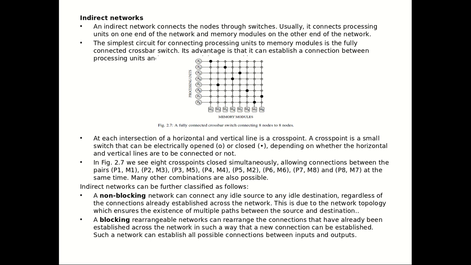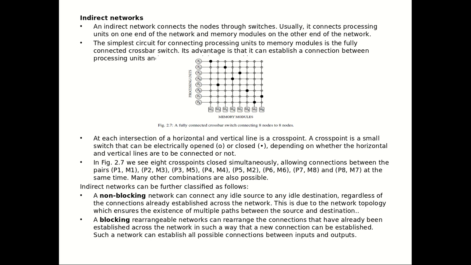This is due to the network topology, which ensures the existence of multiple paths between the source and destination. We saw earlier, a few videos back, that we need to have as many alternate paths as possible. So there should be at least one connection between any two idle nodes. Whenever we see a source idle or a destination idle, we just directly connect them so that a path is established there also.